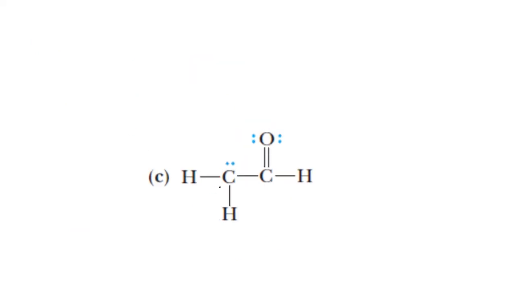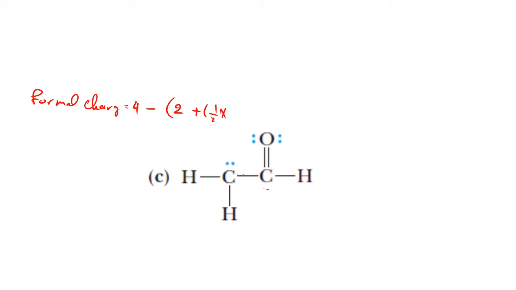Now, if I try to calculate the formal charge in this compound, for this carbon it is equal to 0, and that oxygen is equal to 0. But let's calculate the formal charge for this carbon. The formal charge is equal to the valence electrons of carbon, which is 4, minus the number of unshared electrons, which is 2, plus I will multiply the bond electrons by half.